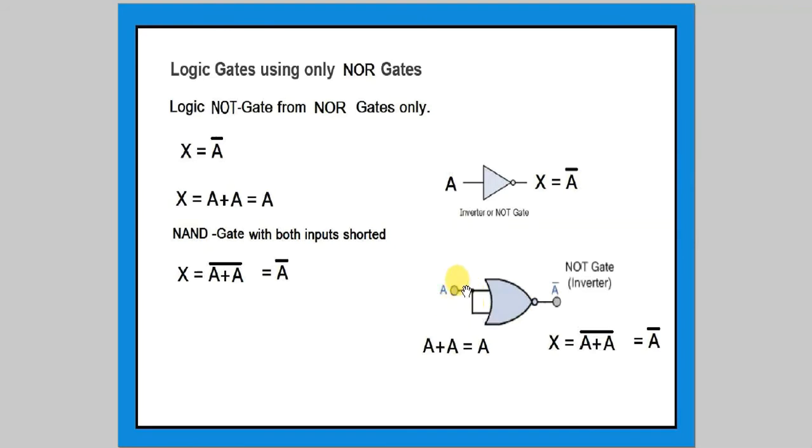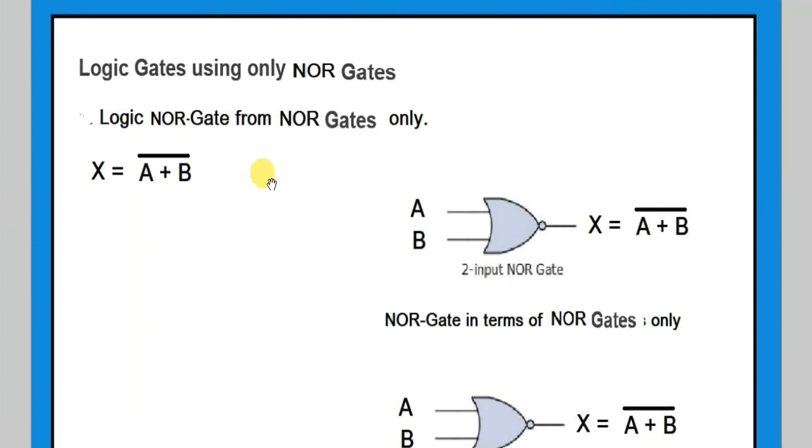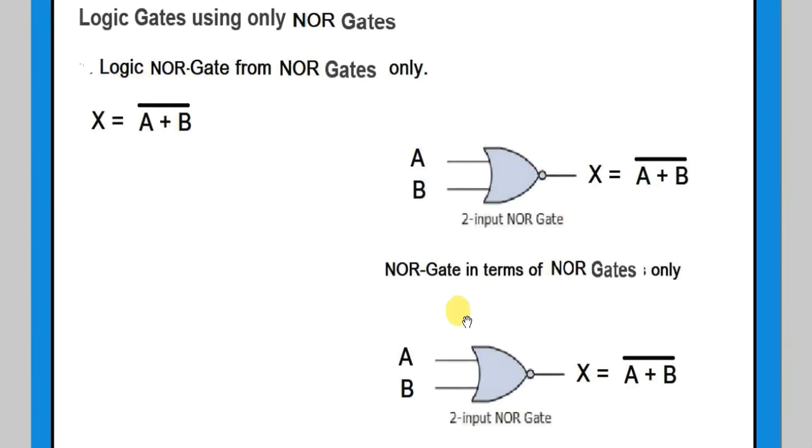When we feed input A, the two inputs are both fed by A. So A or A are added together, and the complement of A or A, which is equal to A, the complement, A complement, is taken at the output. The next is the logic NOR gate in terms of NOR gates, which is the same. We don't need any conversion, it is the same logic gate. This is the typical NOR gate. We are expressing all the gates in terms of the NOR gates.